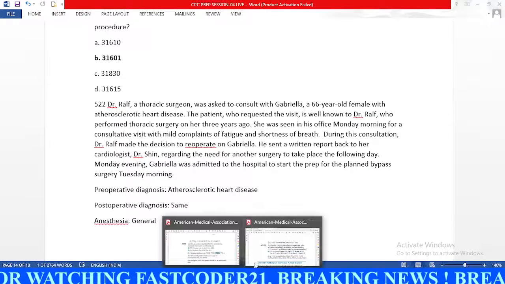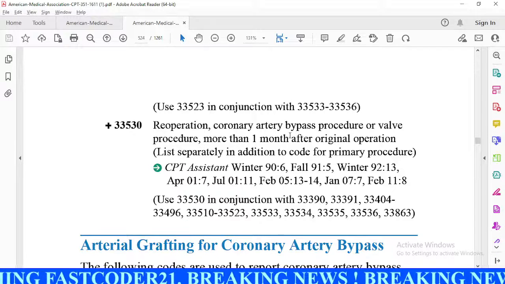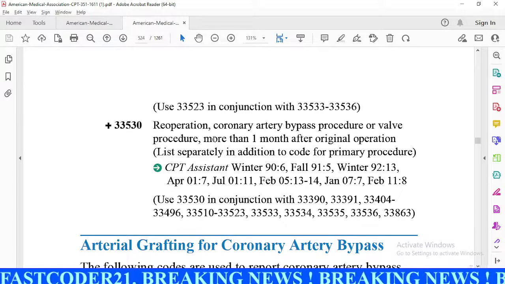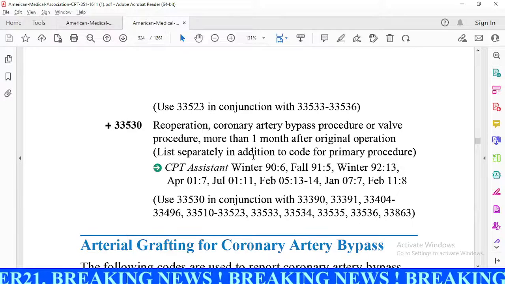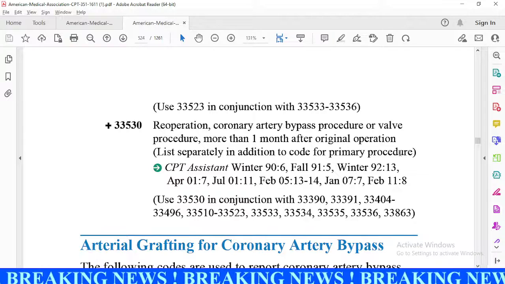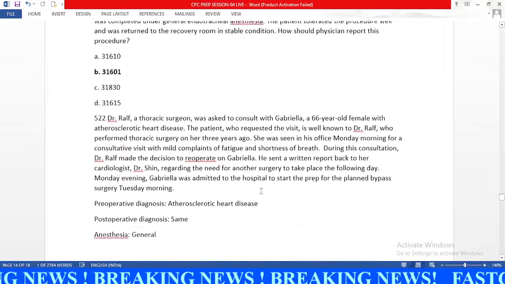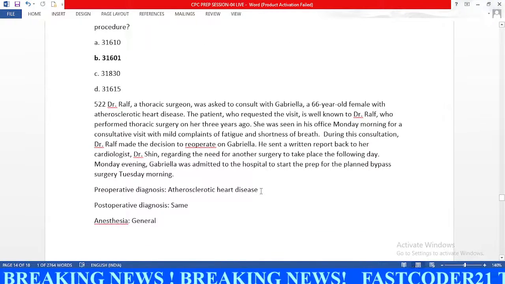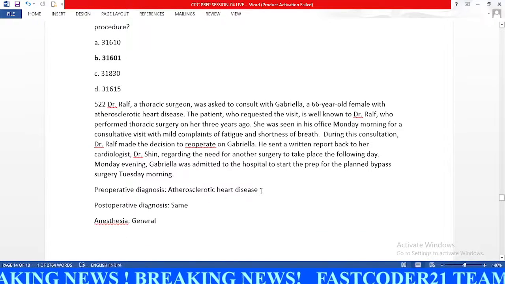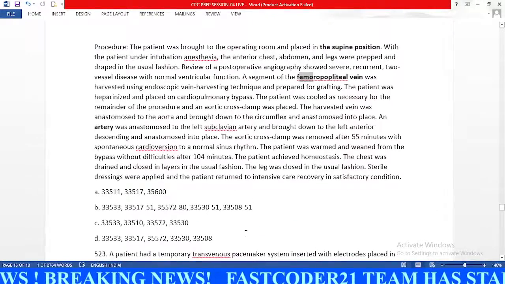So we need to code 33530, which is reoperation coronary artery bypass procedure or valve procedure more than 1 month after original operation. List separately in addition to code for primary procedure. So we need to code 33530 also.